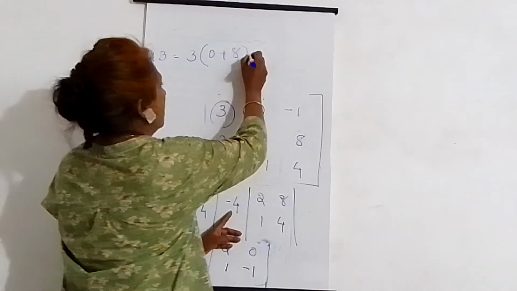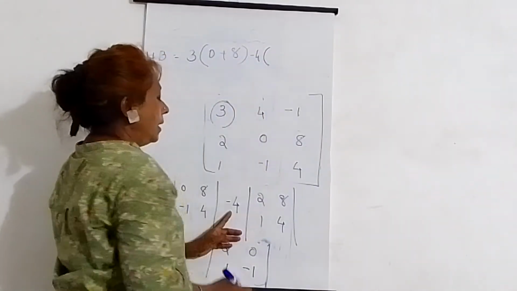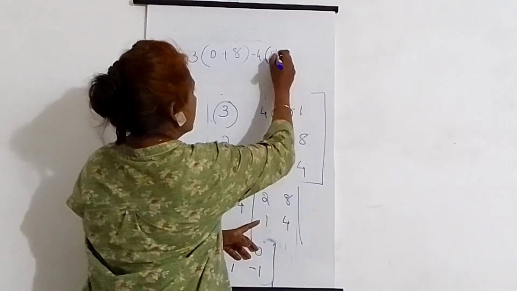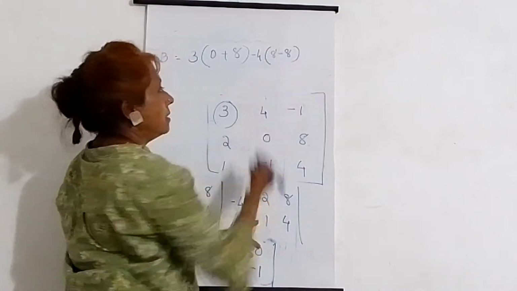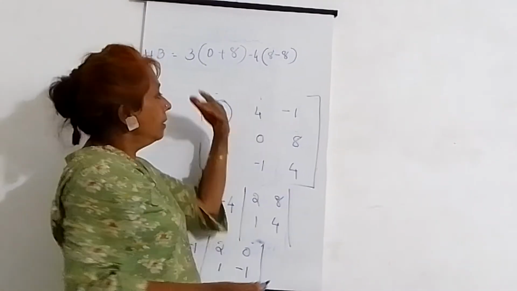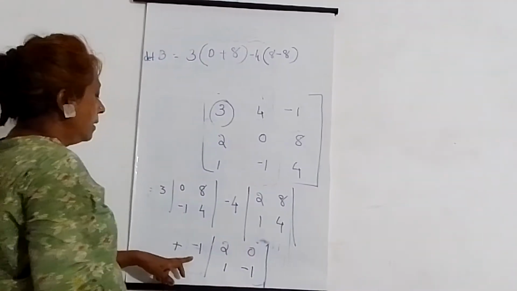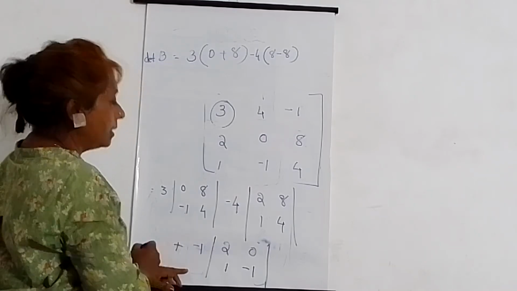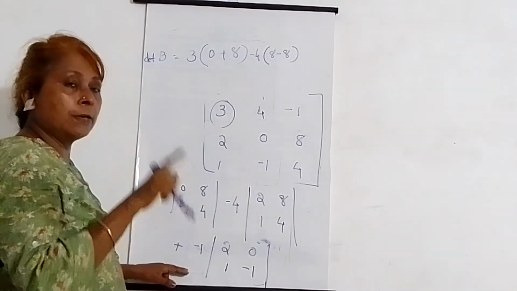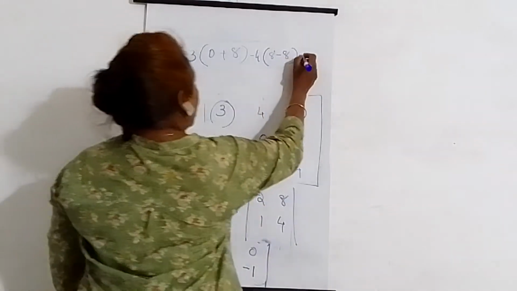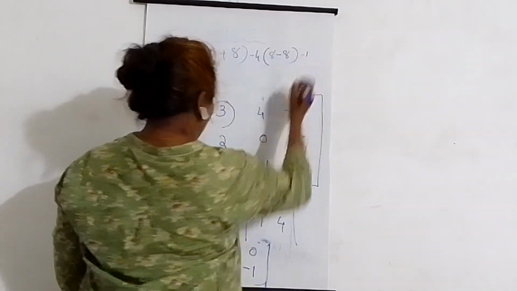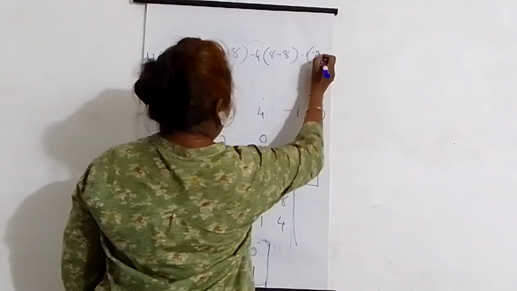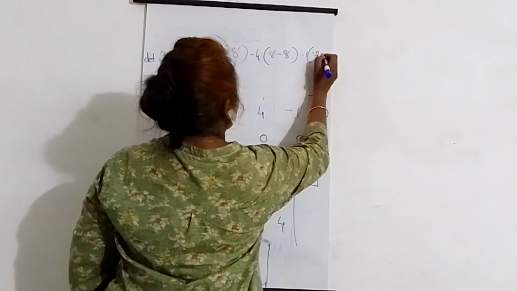Then this 4 comes, minus 4 into, we can put the bracket again, this 2 times 4 it is 8, 8 minus 8 times 1 it is 8 itself. So 8 minus 8 is 0, 0 times 4 is 0 itself. Then comes this plus with this negative, one positive, one negative, we will make it negative. So it becomes negative 1 into 2 times this negative 1, we can put the bracket, negative 2, then 1 times 0, it is 0 itself.